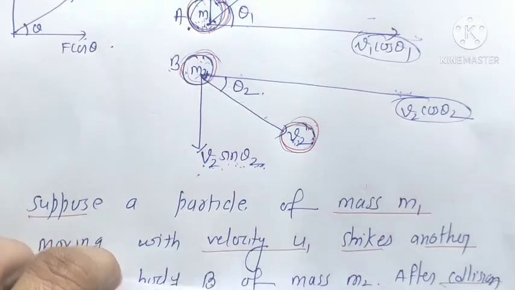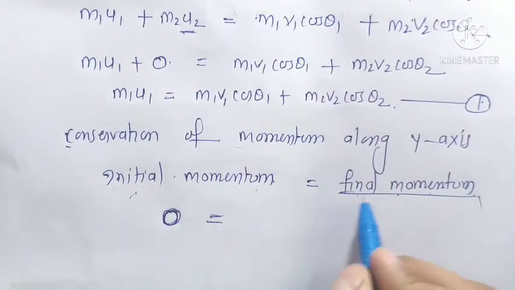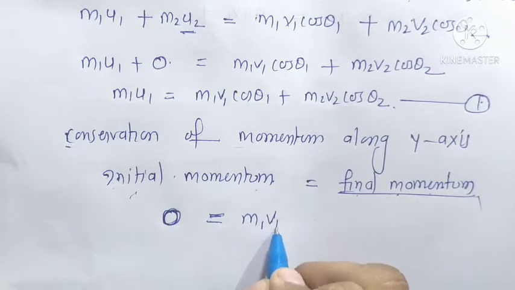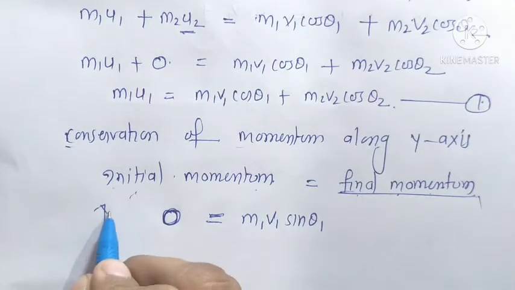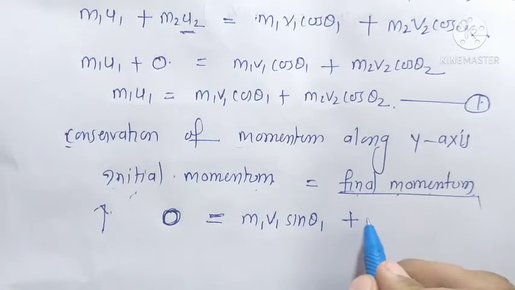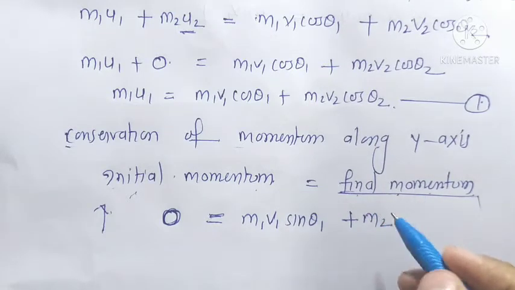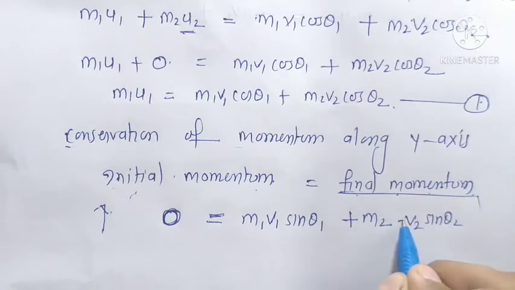So we can write 0 is equal to the final momentum. The first body having mass m1 moves with velocity component v1 sin theta 1 along the positive y-axis. The second body having mass m2 has component v2 sin theta 2 along the negative y-axis, so we take a negative sign.